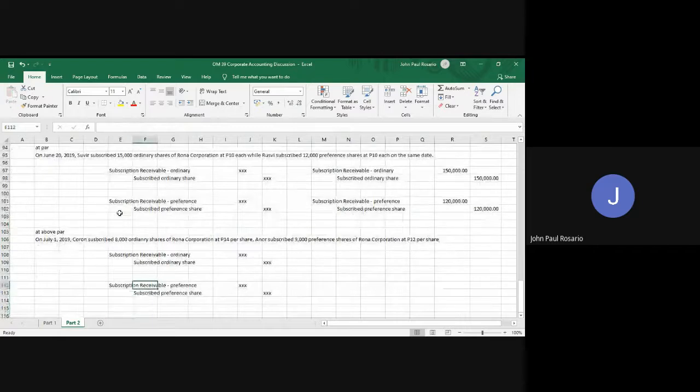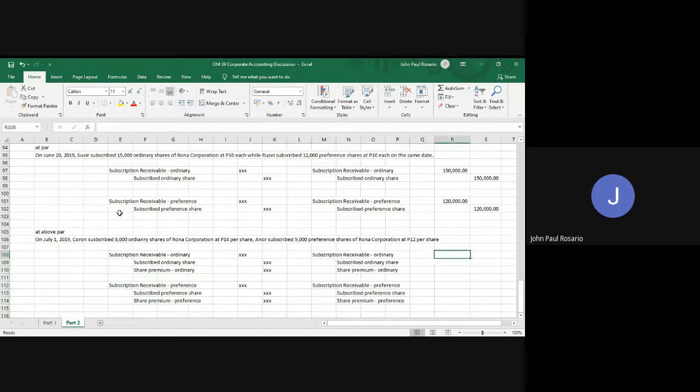An additional line is added: share premium, ordinary if ordinary shares were purchased, and share premium, preference if preference shares were purchased. So for Coron, the amount in the receivable is the whole amount: the 8,000 shares multiplied by the price of 14 pesos, so that is 112,000. For subscribed ordinary share, you put the number of shares multiplied by par value.